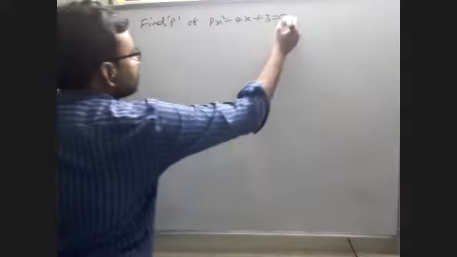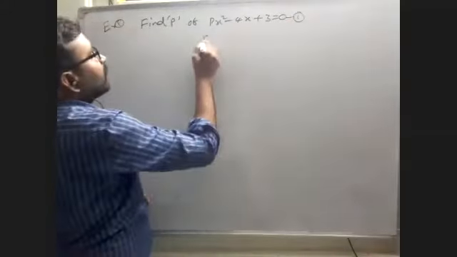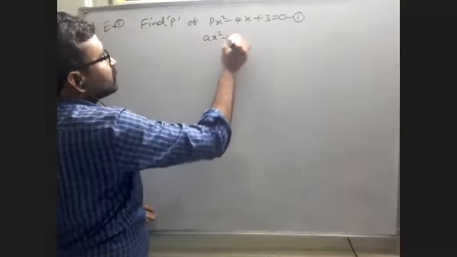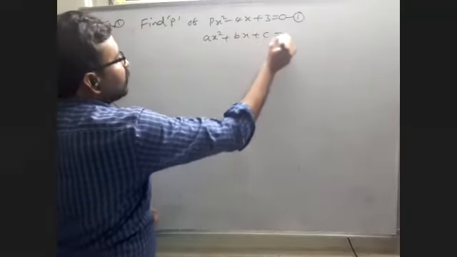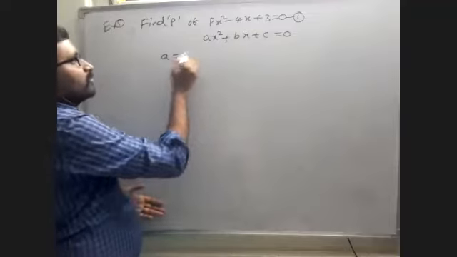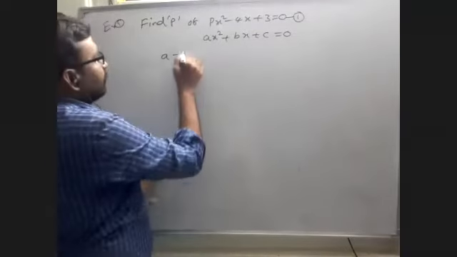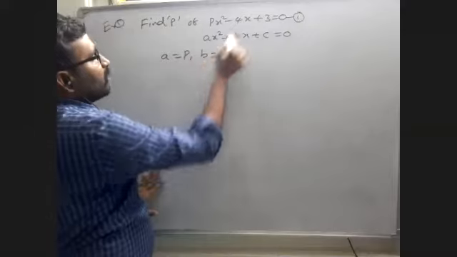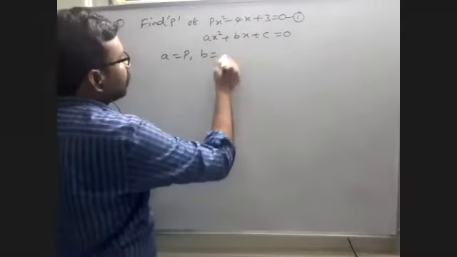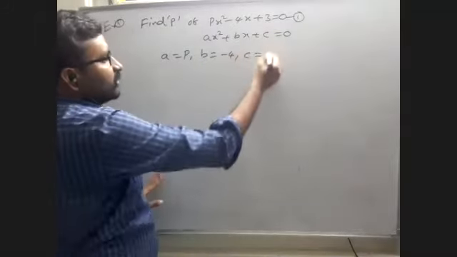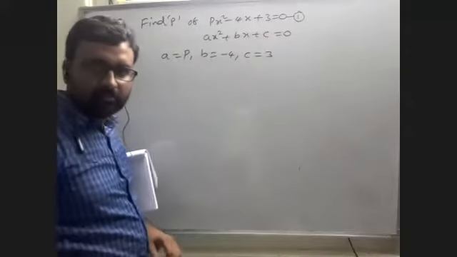This is equation number 1. Comparing with ax square plus bx plus c equal to 0, the a value is p, the b value is minus 4, and the c value is 3.